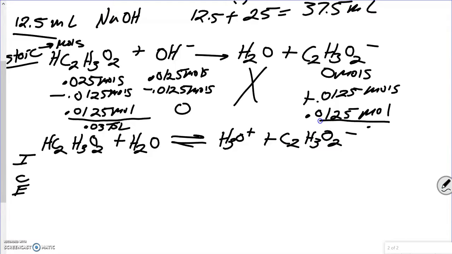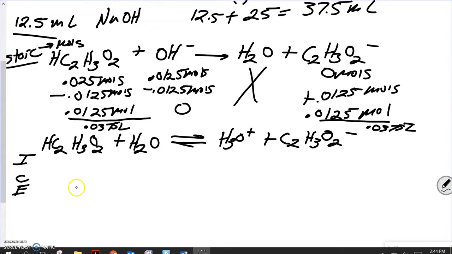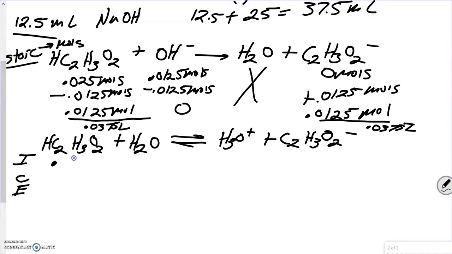Same with this guy, 0.0375 liters. Okay, and what we get with those two values is 0.33 molar, and that's going to be the same for both of them because it's the same number divided by the same number. So 0.33 molar goes in for both of these values.